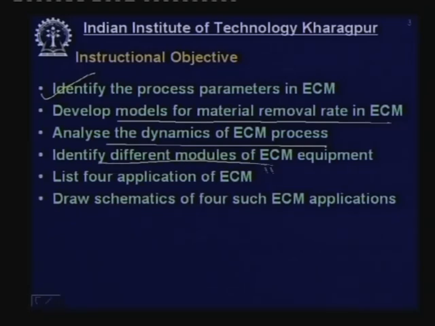There are different modules in electrochemical equipment, so they are to be identified. Like any other machining process, there are specific application areas for ECM which should be listed, and we would also give you schematics of those application areas. So, this briefly describes the instructional objectives.